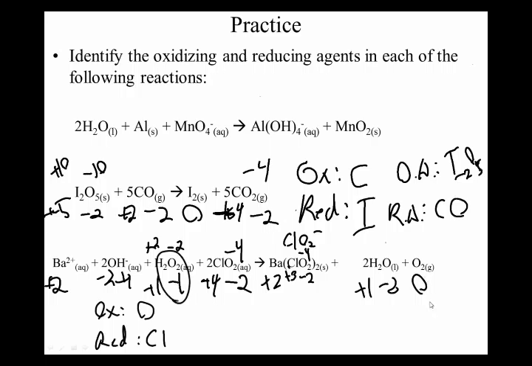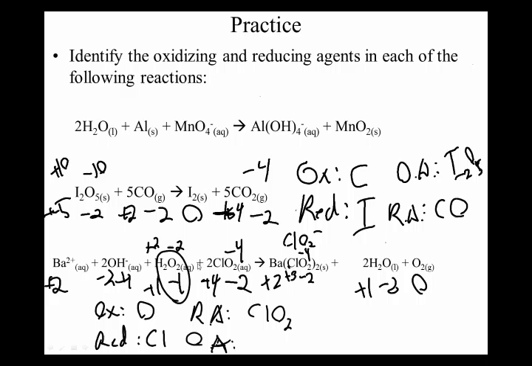So now that that's out of the way, the reducing agent is what? It's the compound, the reactant that contains the chlorine, so ClO2. The oxidizing agent is the thing that contains, wait a minute, am I backwards? I screwed that up.